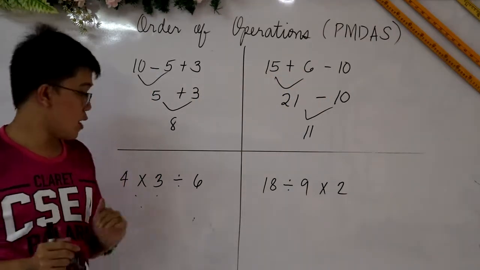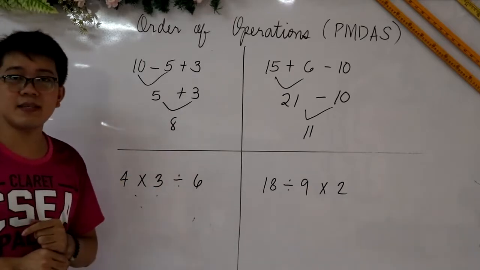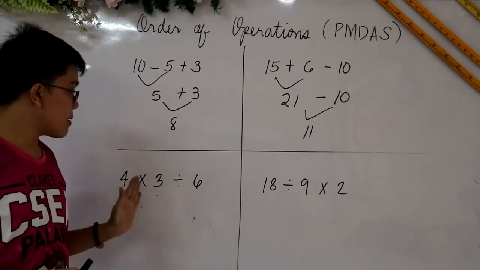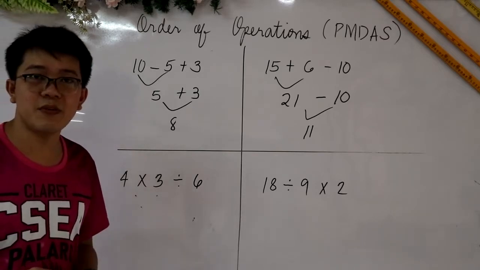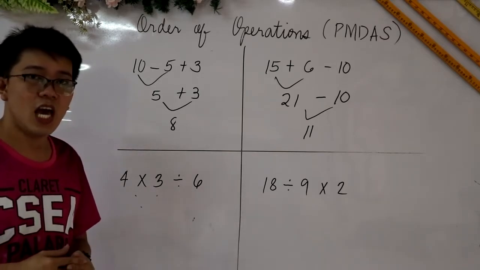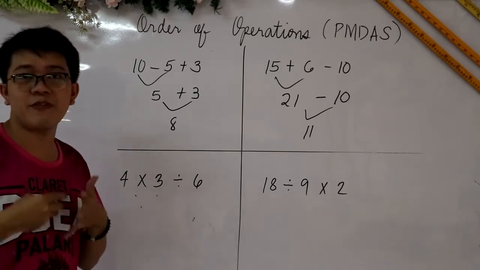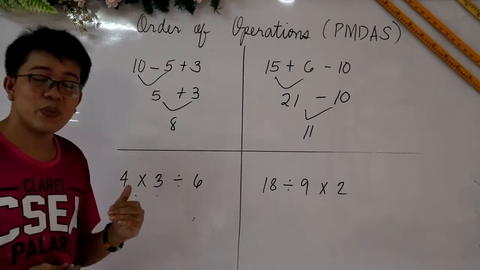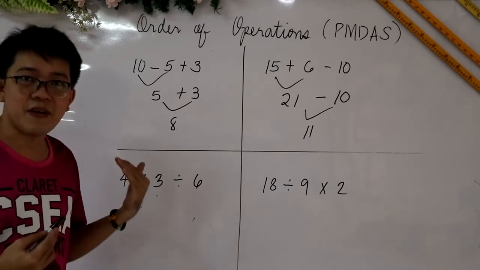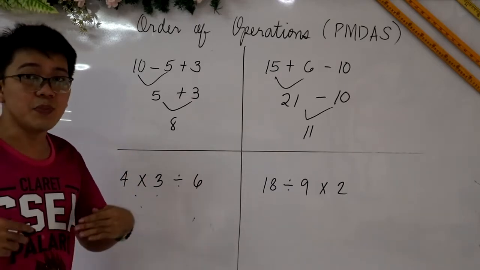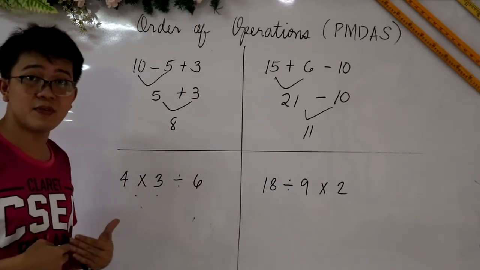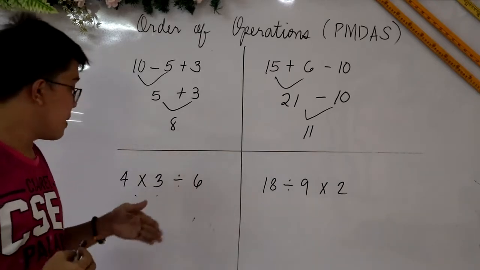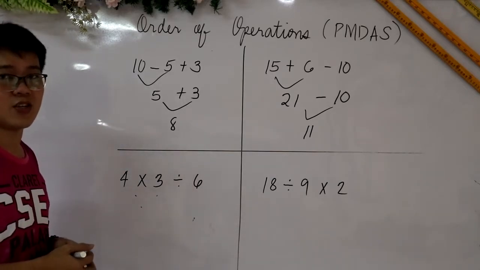Third example, 4 times 3 divided by 6. In this problem, there are two operations involved, multiplication and division. Now, what do you think is the operation to be performed first? According to the rule, whichever comes first. If multiplication comes first, then you multiply. But if division comes first, then you divide. But in this case, multiplication comes first.